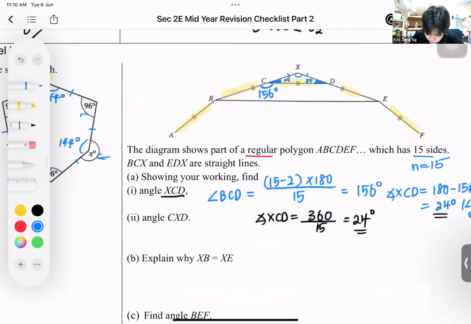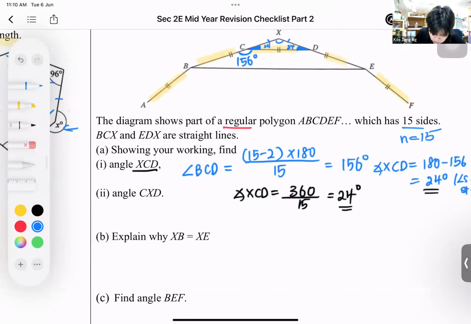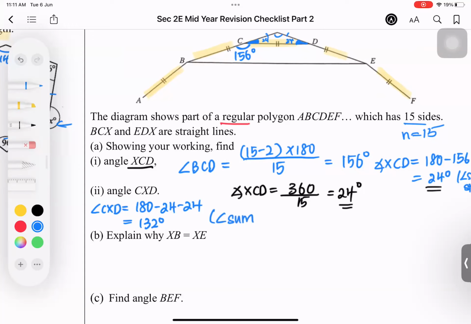So in order to find angle CXD, I just need to take 180 minus 2 times 24. That gives me 132. What is the reason? Angle sum of a triangle. Yes, thank you very much. So angle sum of a triangle.